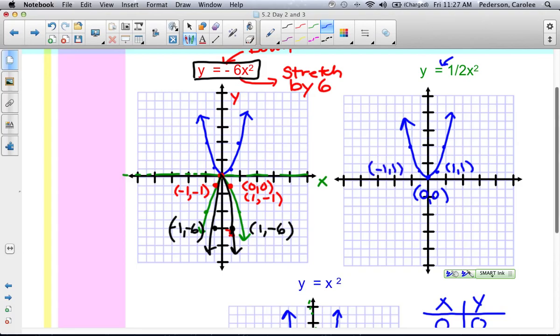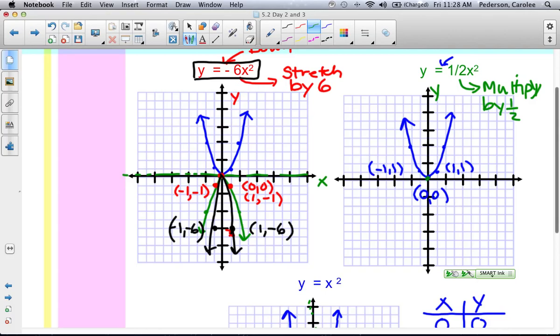What happens again is we are going to stretch, multiply that y value by 1/2. So if I think about my y value, it's going to change to 1/2.